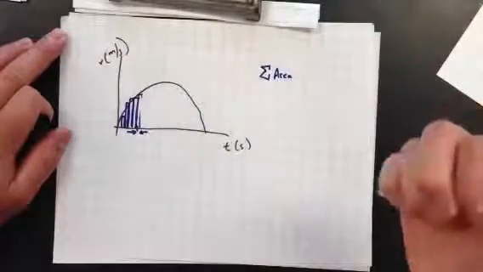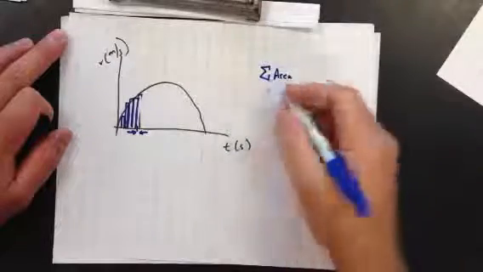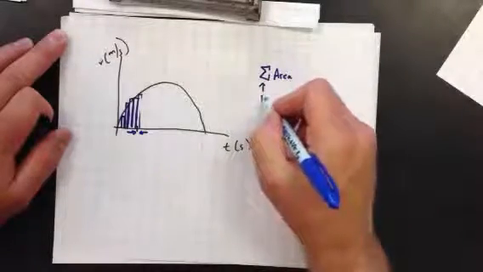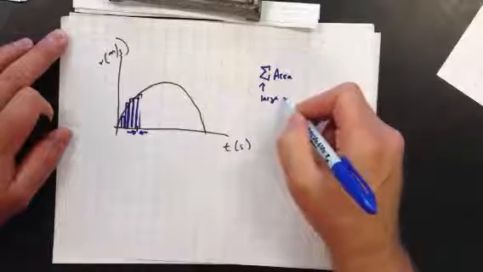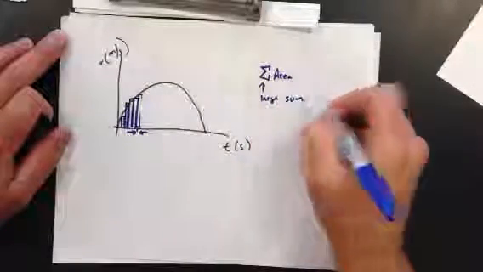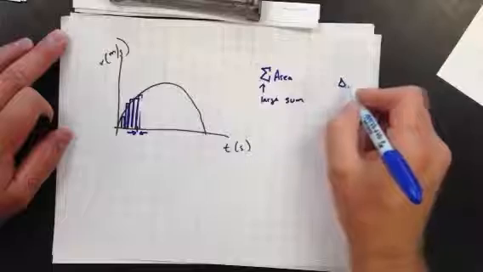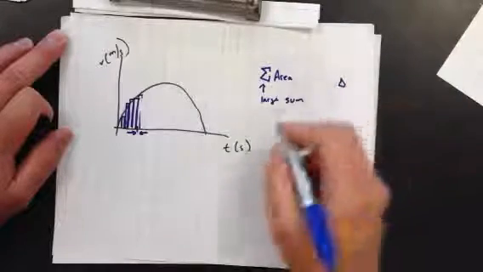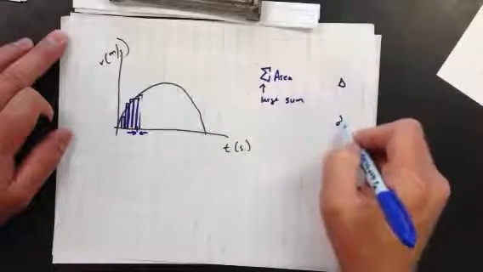The symbol changes from a sum. This is for a large sum, similar to a delta symbol for large change, to a small change.